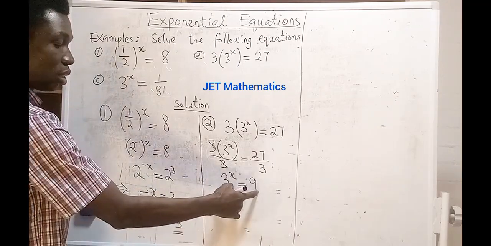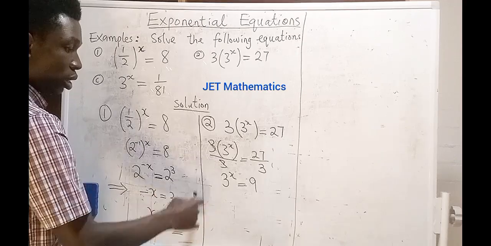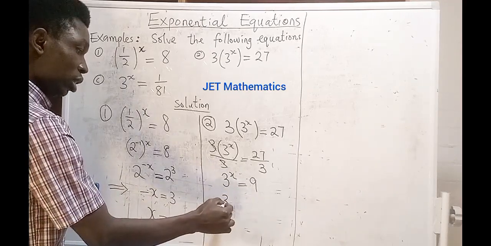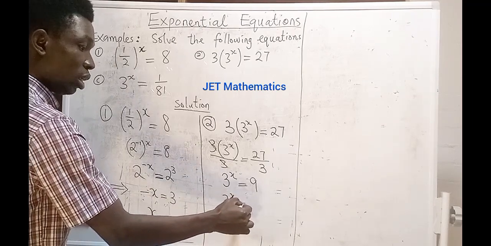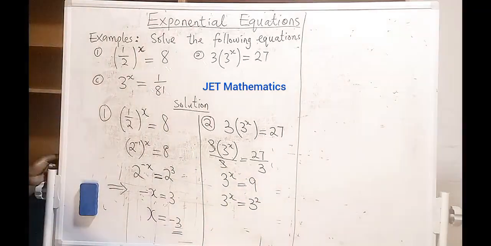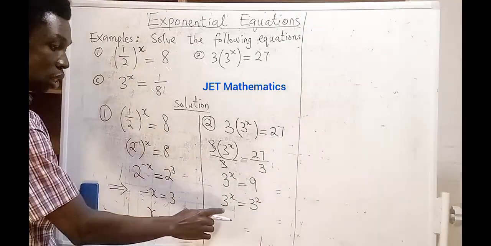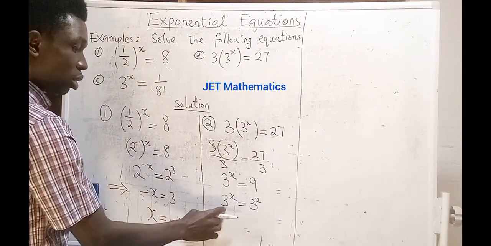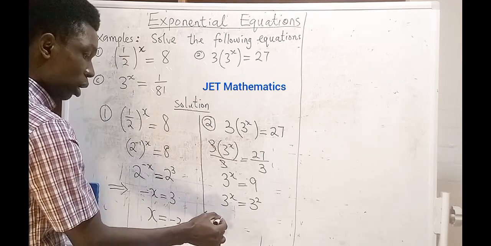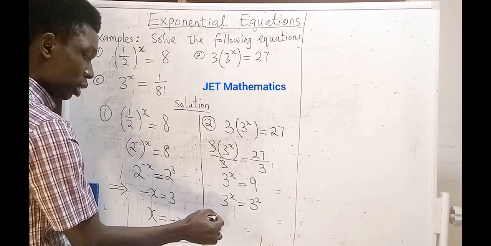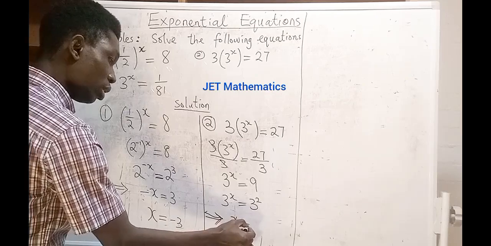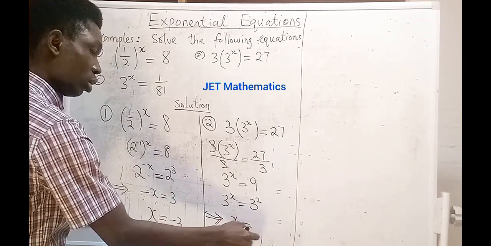Again we can express 9 as base 3. So we have 3 raised to the power x, and 9 is the same thing as 3 raised to the power 2. Now because the bases are the same, 3 with equality between them, this implies that x is equal to 2.